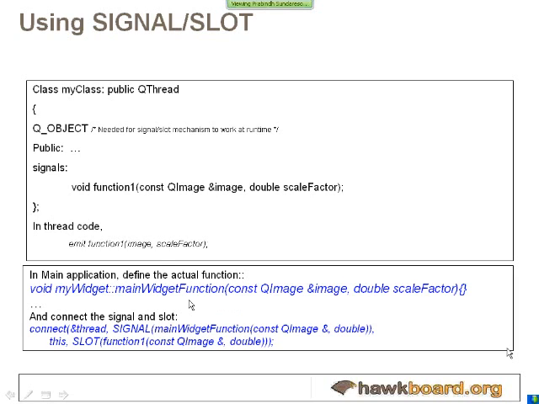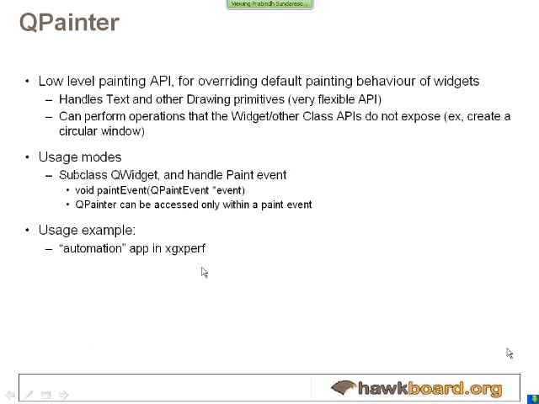One classic further example is a timer interrupt that you want to handle, so you can use the signal slot mechanism for the timer and its event handler. In the case of Xgxperf, we have several examples of this, and Qt also provides its own examples, so you can take a look at those.